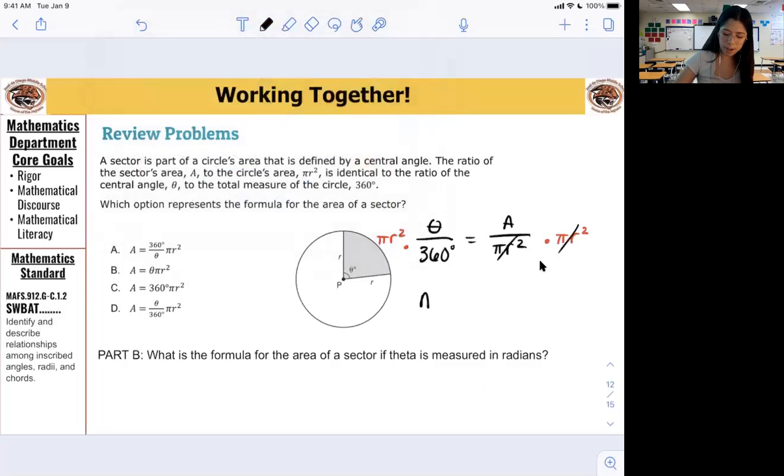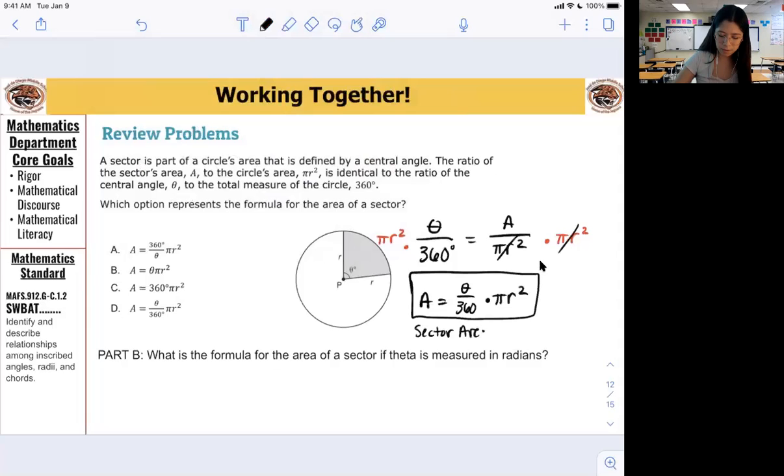And I'm left with A equals theta over 360 times pi r squared. Now this is the formula for sector area using degrees. And of course, that's answer choice D.